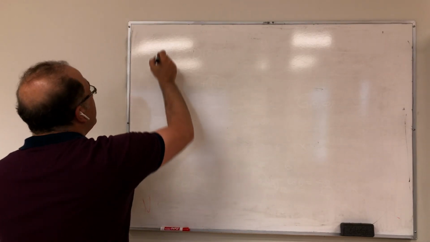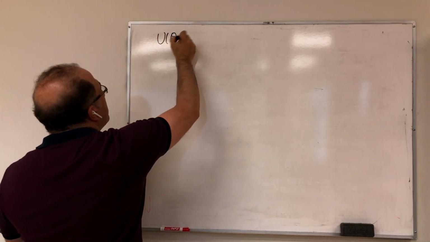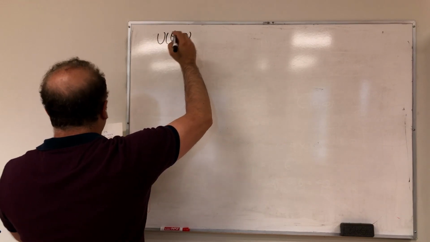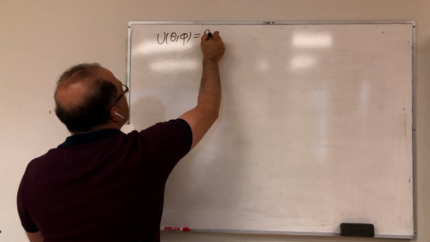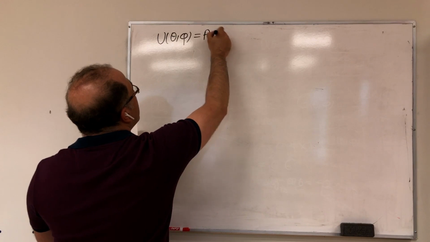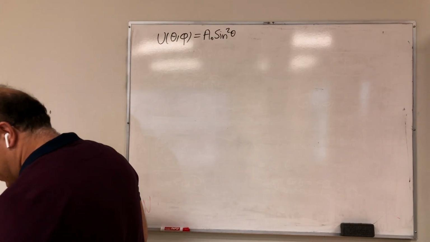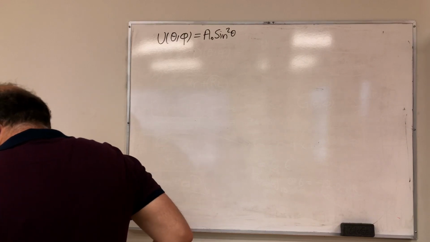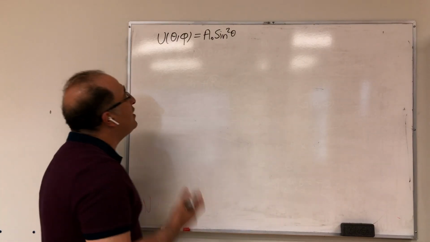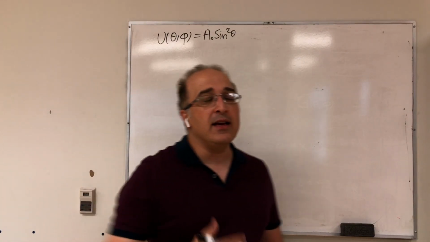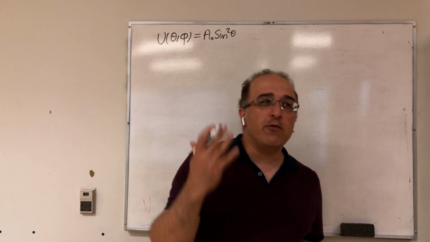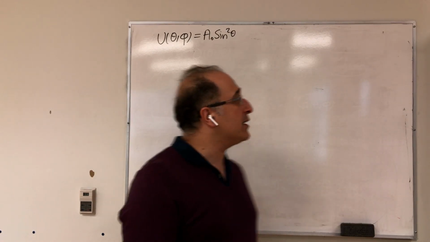The radiation intensity that I have in mind for this example is equal to A naught, which is just a constant here, times sine 2 theta. So that's my radiation intensity. I'll give you radiation intensity, and I'm asking you to find the directivity of this antenna.